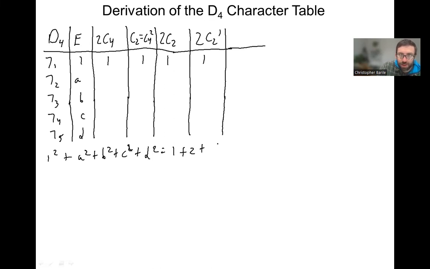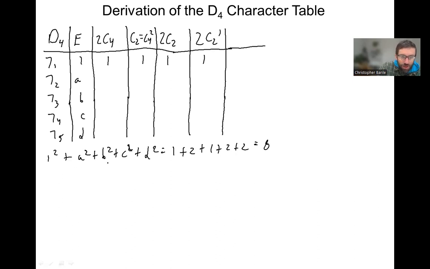right? Equals 8. And these values under the identity have to be whole numbers. They have to be 1 or 2, those are going to be the most common, and in some higher symmetry point groups, 3, 4, and 5 are also possible, but normally 1 and 2.